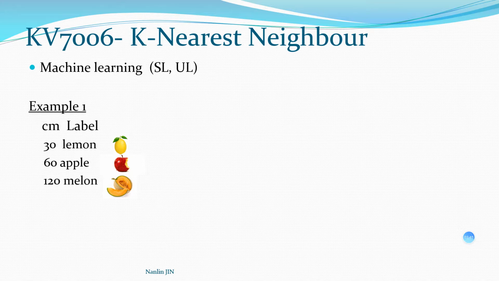So I have a box of fruit, and a human expert has already labeled it. If I measure a fruit which is 30 cm, I know it's a lemon. So that's historic data for training that we already have for you to learn from.